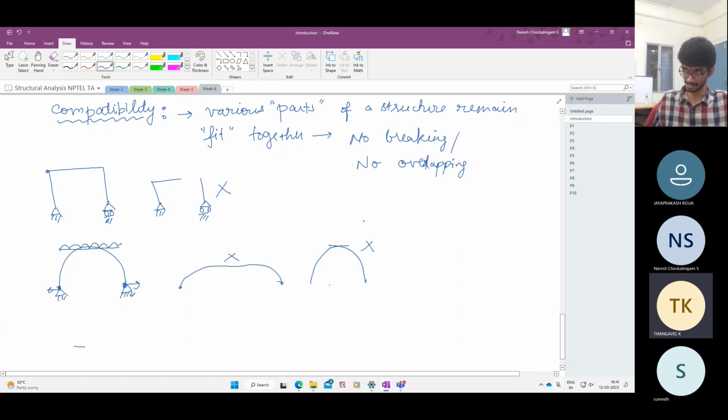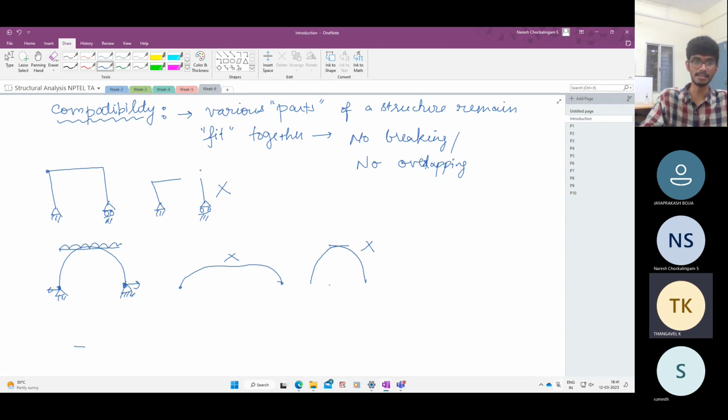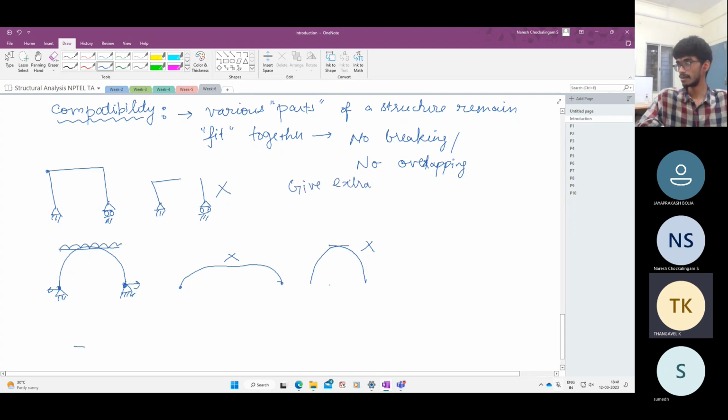So under linear elastic analysis, we don't expect a structure to overlap itself or different parts to break out. That is basically compatibility. So these conditions give extra equations to solve the problem. How many equations it gives? That will be determined by static indeterminacy.